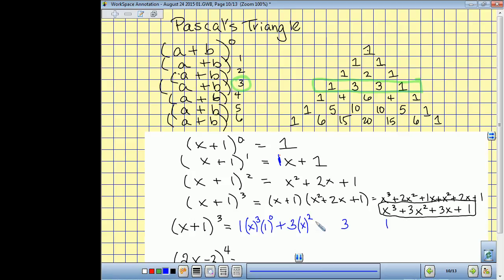And we take the second term, and we raise it to the first power. 2 plus 1 is 3. Plus, we take that first term and now we're down to the first power. So that second term goes up to the second power. Plus, the first term goes down to the 0 power. And the last term goes up to the third.